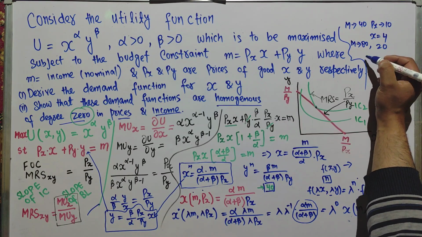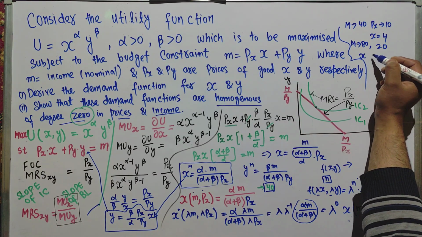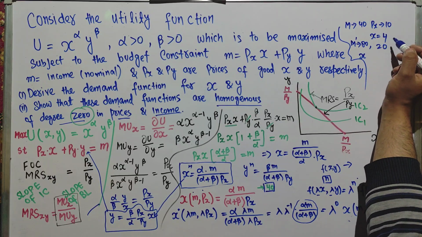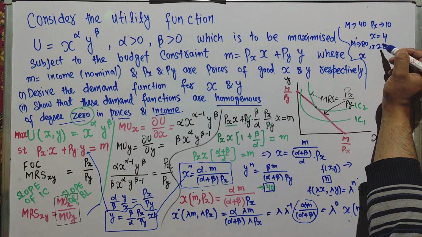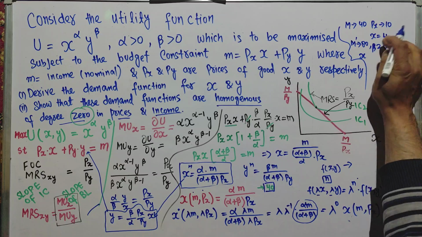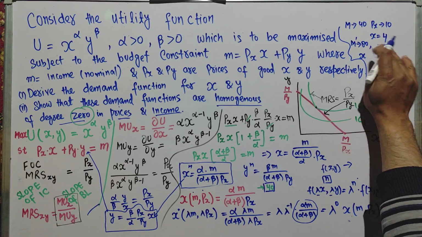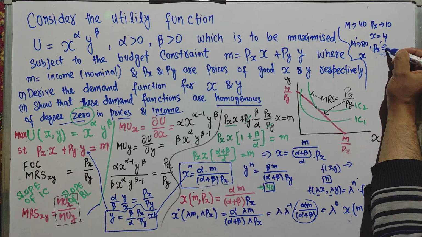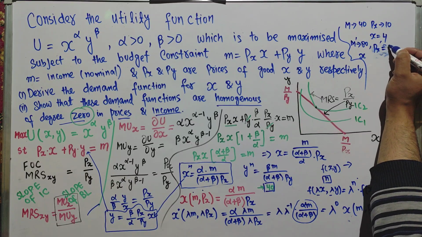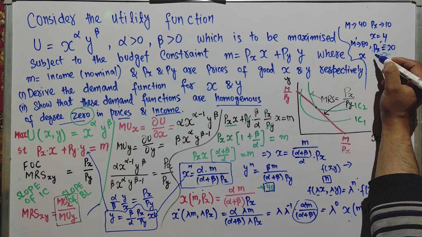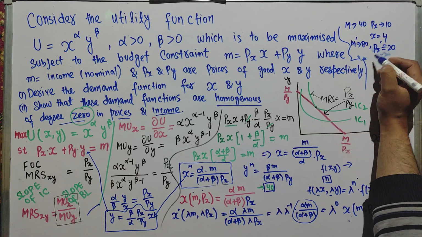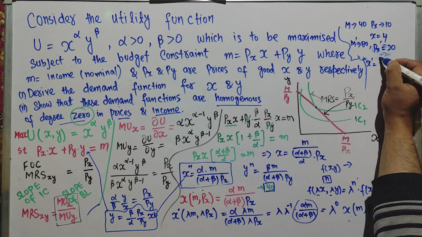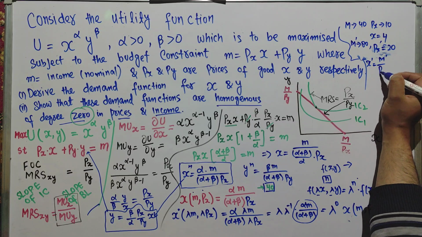Now what will happen to the demand for the good x? The price of x has been doubled, the way income has been doubled, so from 10 to 20. What happens to the new demand? Let us denote it by x star. It will be equal to the new income over the new price of good x.